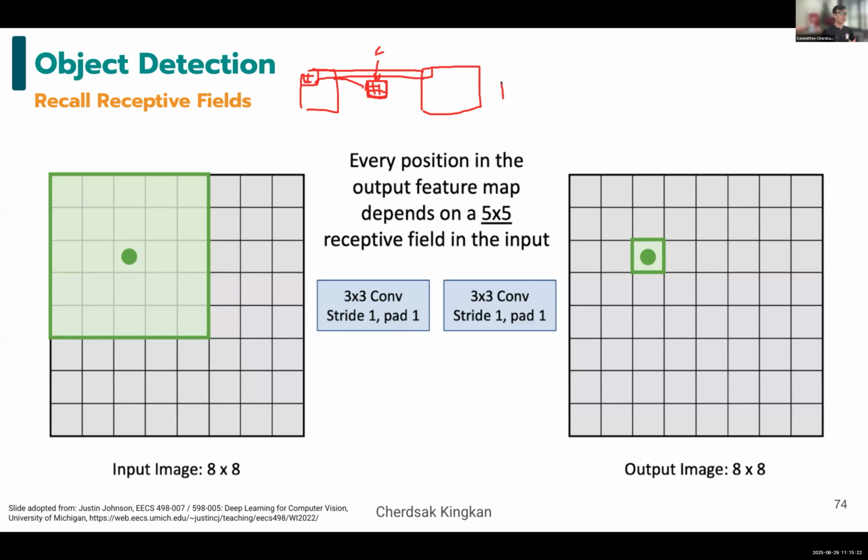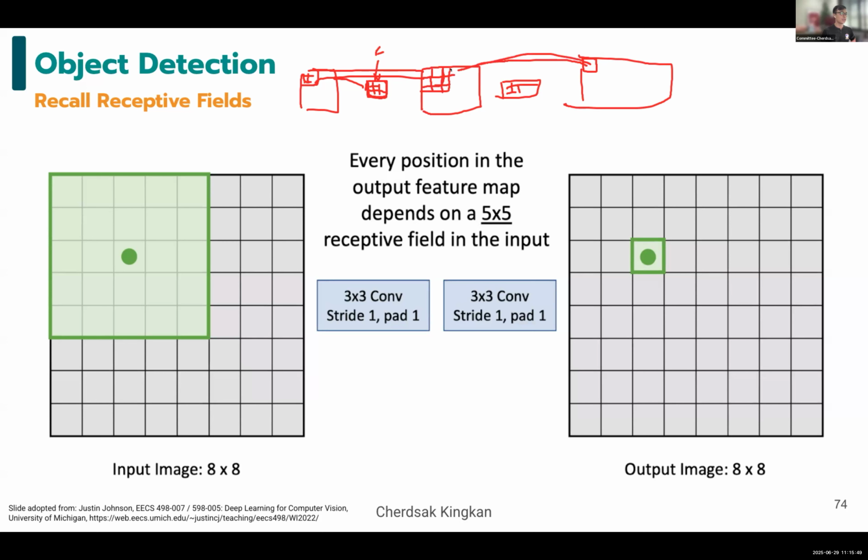And then if you pass this feature map to another conv layer, all right, then you get here another conv layer. So if you look at this element, it is the result of this 3 by 3 in the previous layer, right? In the previous layer. All right.